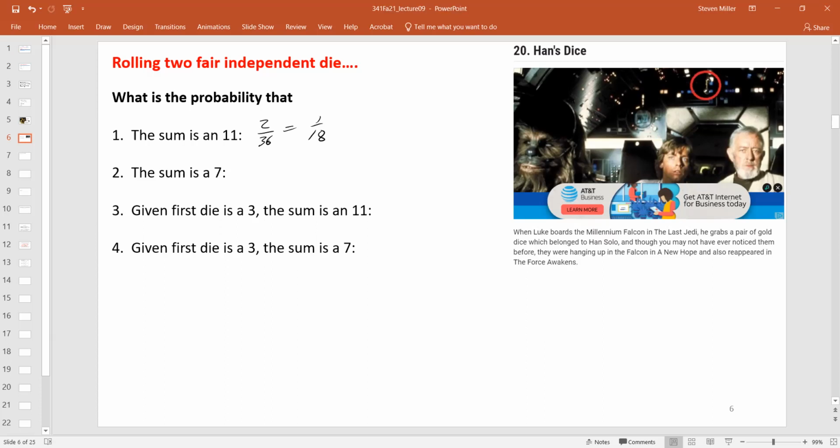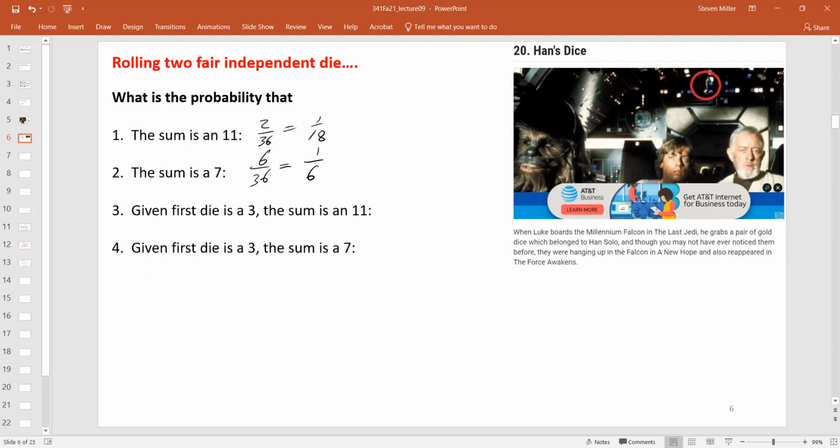So what is the simplest way to see that it's 6/36? Well, one way, of course, is to just enumerate all the possibilities and see that there's 6 of them. So it's 6 out of 36. There's a faster way to see that it is 6 out of 36. Imagine you roll something on the first die.